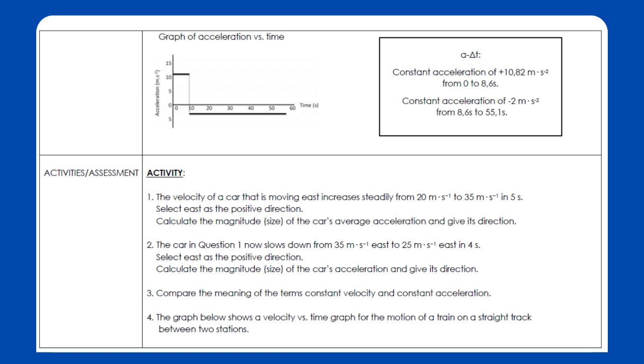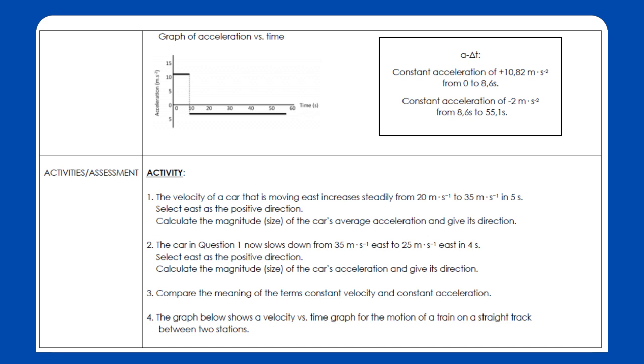3. Compare the meaning of the terms constant velocity and constant acceleration. 4. The graph below shows a velocity versus time graph for the motion of a train on a straight track between two stations. Constant acceleration of +10.82 m·s⁻² from 0 to 8.6 s.